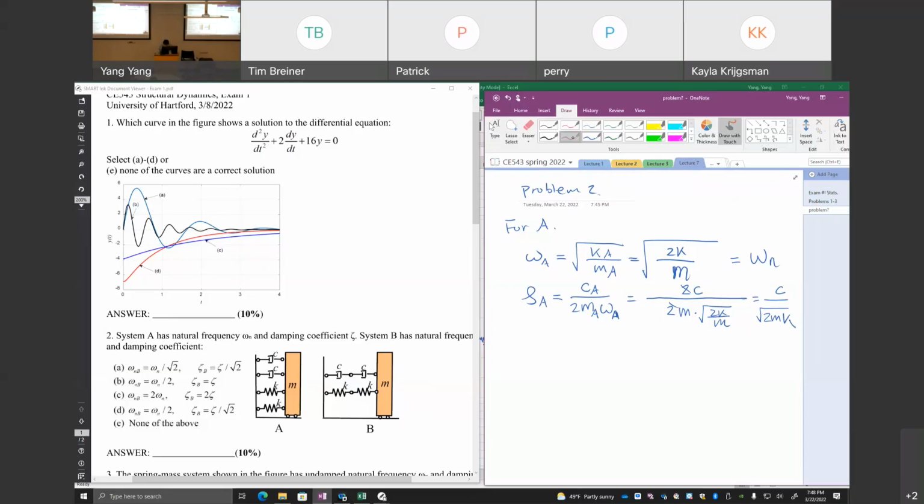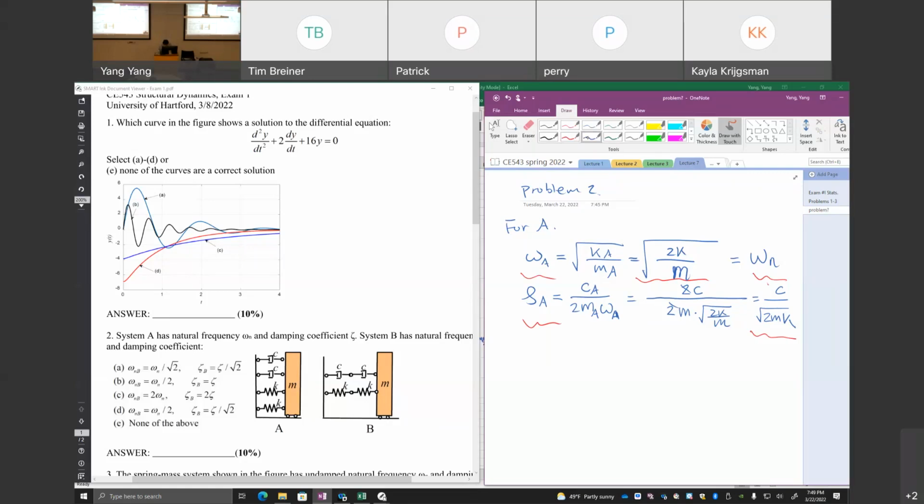This is what we have already calculated: the relationship between the mass, damping and the spring coefficient with the damping ratio as well as the natural frequency. Does this make sense?